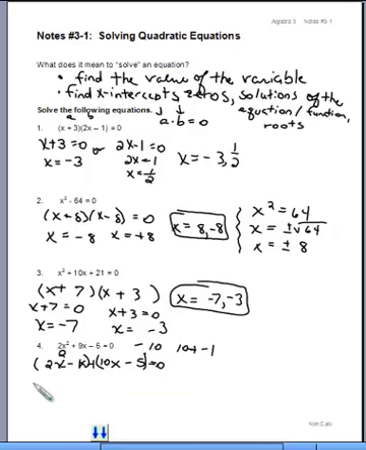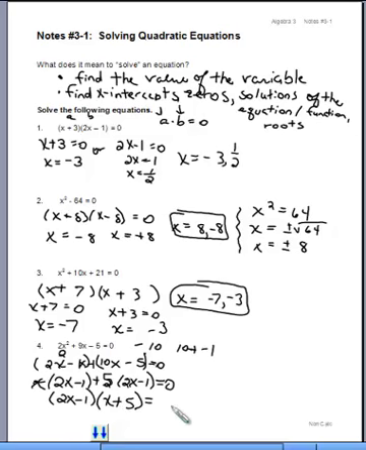Nothing will factor out of the first two terms except an x, so you have x times 2x minus 1, and plus 5 times 2x minus 1. So my factors then are 2x minus 1, that's one of them, and the other one is x plus 5. So setting each of these equal to 0 then, x plus 5 is easy.